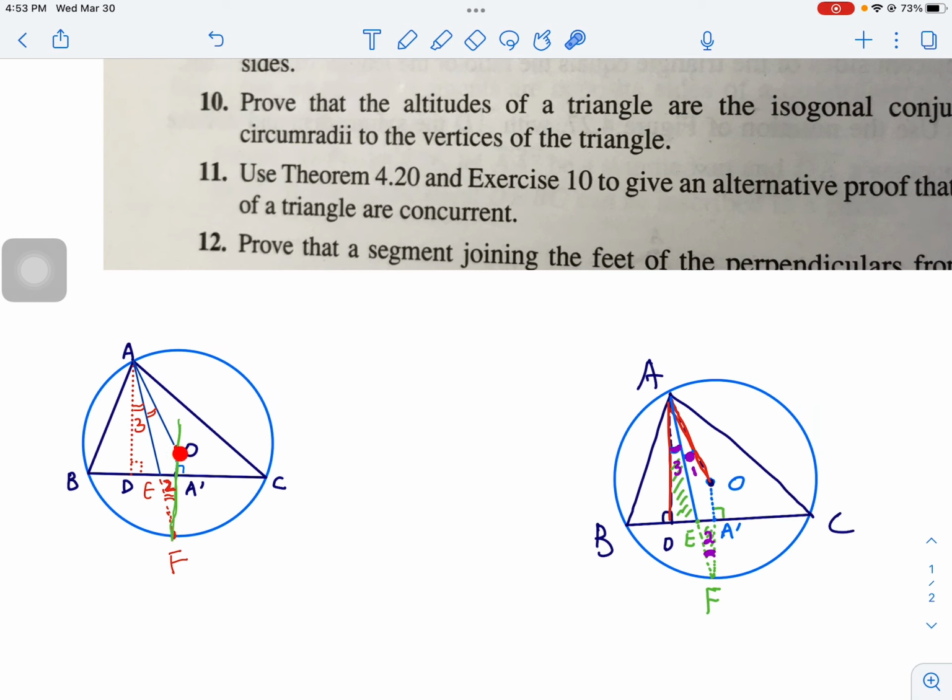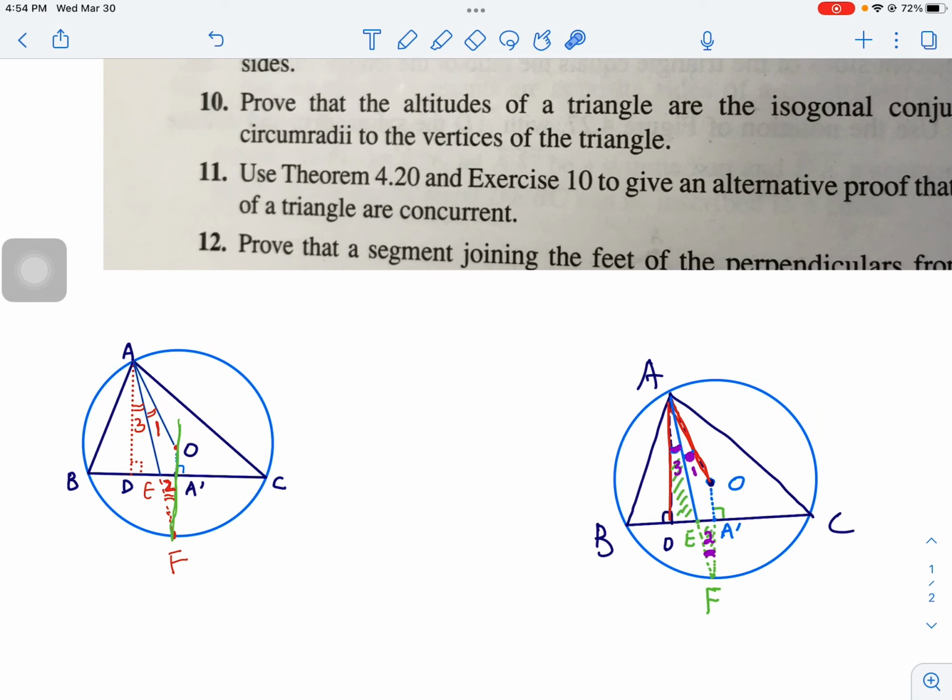We already proved that O, A prime, F is collinear, so this is on a straight line, and therefore it's a radius, right? Because these two are radii, triangle AOF is an isosceles triangle. Therefore, angle 1 and angle 2 are the same. That means you've proved that angle 1 and angle 3 are the same. Therefore, AD is the isogonal conjugate of AO.